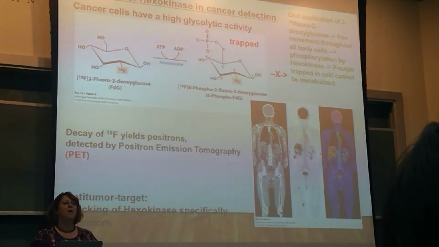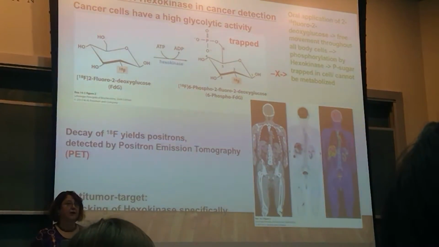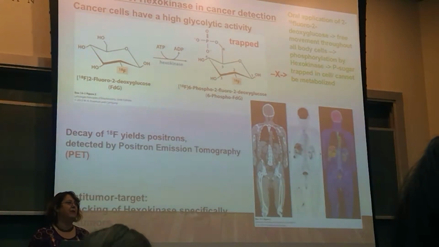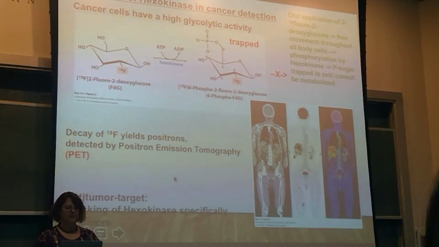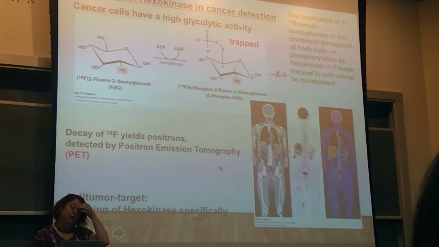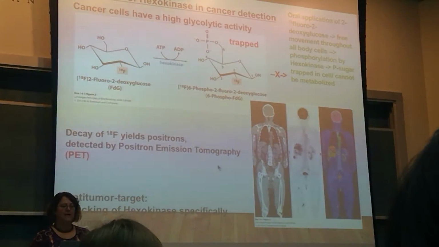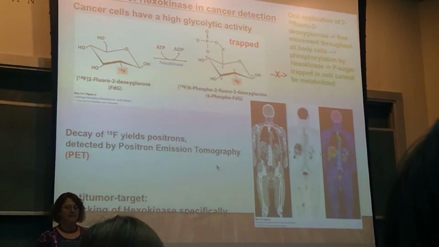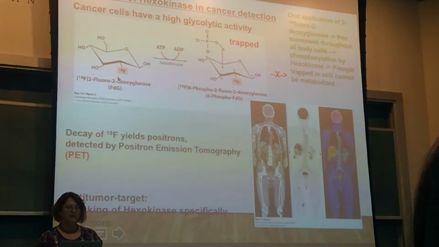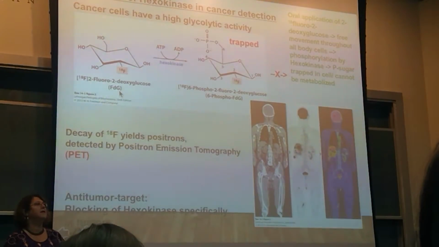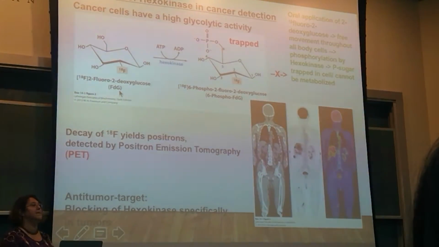And so one thing that scientists did to try to figure out if you had active cancer cells is to use this thing called positron emission tomography, or PET. And in that case, what you need is a molecule like this. So this is just a fluorinated glucose, and you need it to be able to emit a positron.